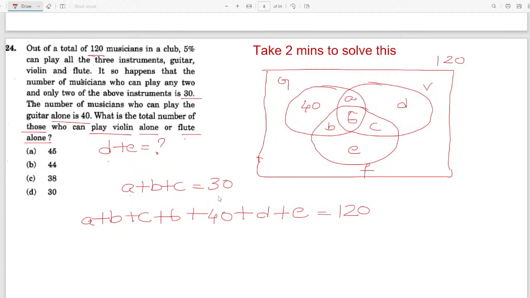And we know that A plus B plus C is 30. I'll write 30 here. And this is 6. And this is 40. And we have to calculate D plus E. So I'll mark this in brackets: D plus E.